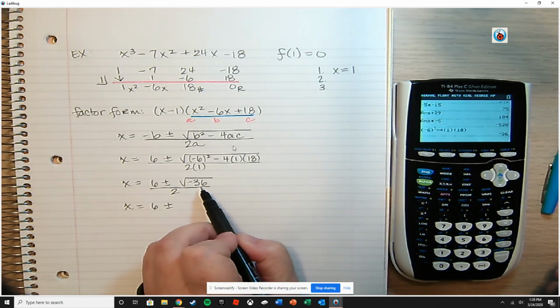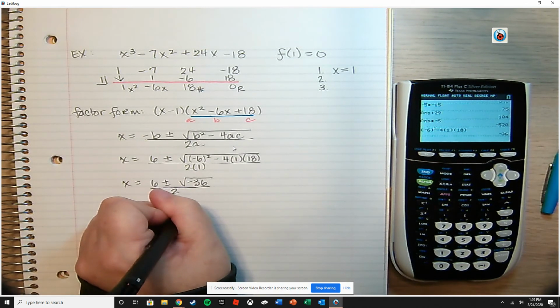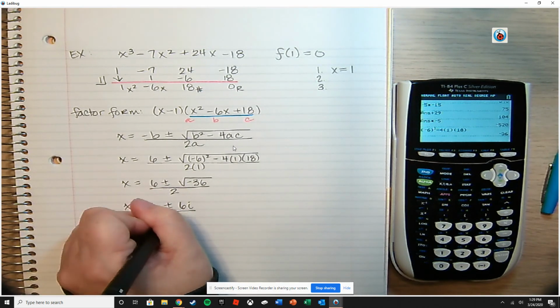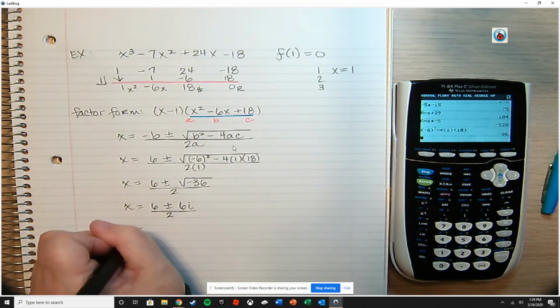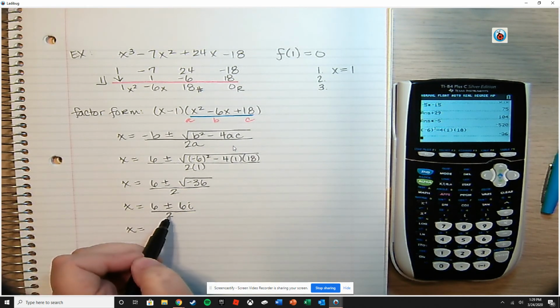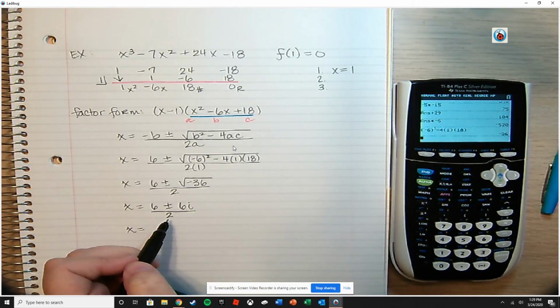So x equals 6 plus or minus. Okay, so I'm going to take the square root of -36. And remember, because I have a negative number, that's going to involve i. So the square root of 36, that's nice, it works out perfectly, is 6i, divided by 2. Okay, well, 6 and 2 are all divisible by 2.